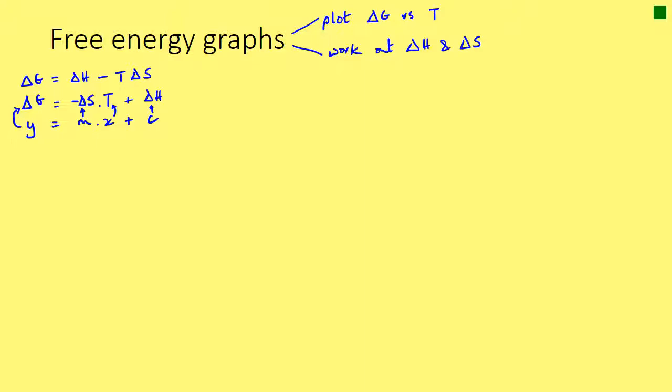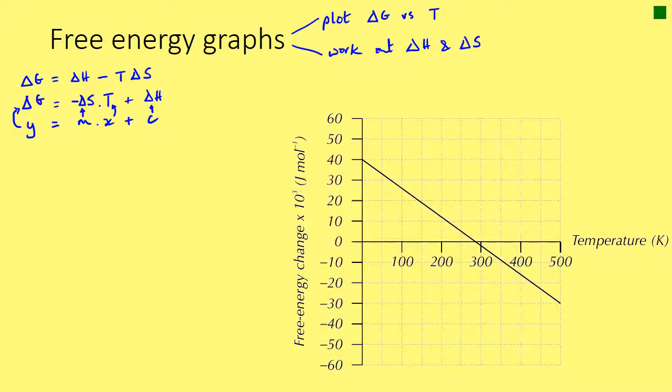Let's have a look at that in more detail. Here we've got a graph of delta G against temperature for a particular reaction, and we're going to use this plot to work out our delta S and our delta H. First of all, let's work out our delta H, and we're going to remember that delta H is our y-intercept.